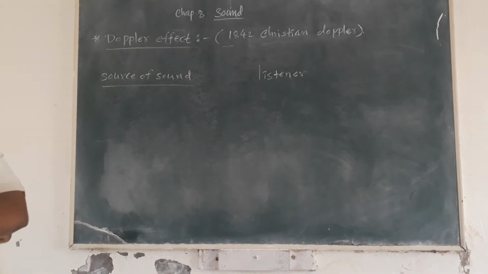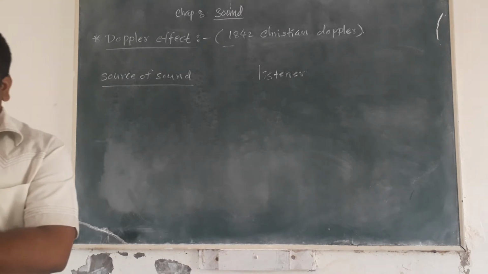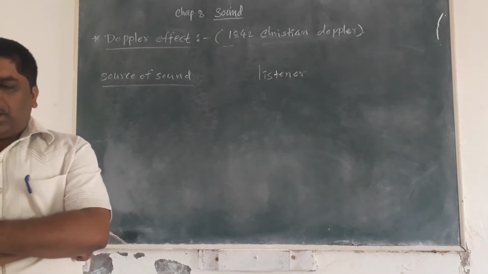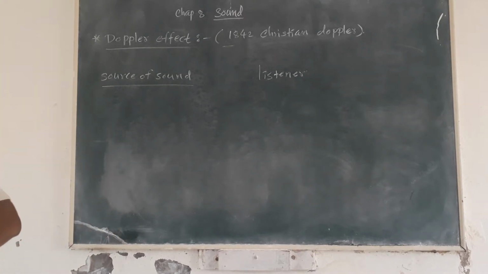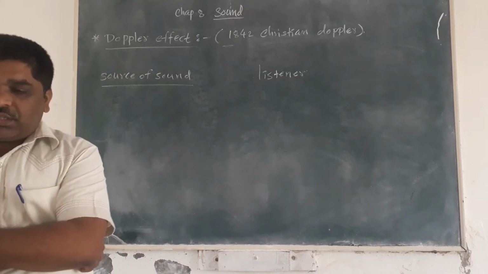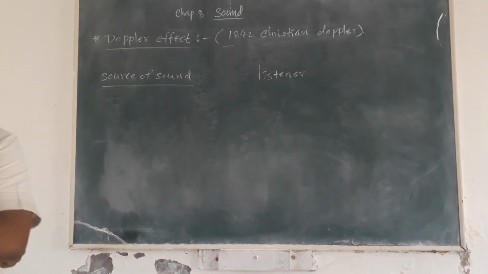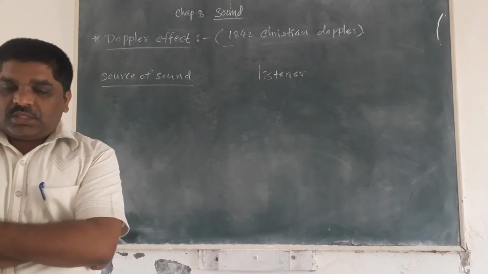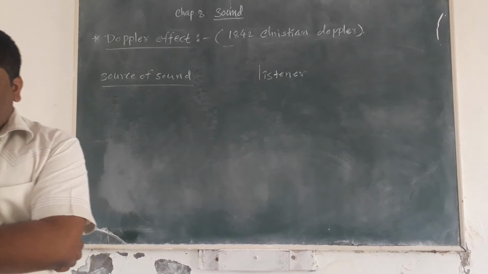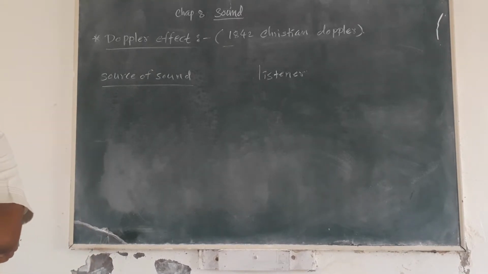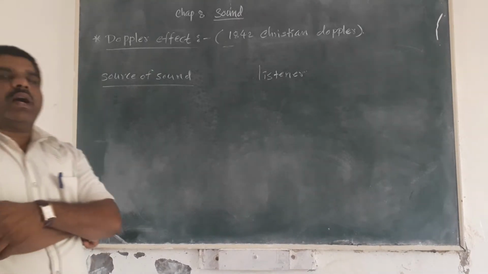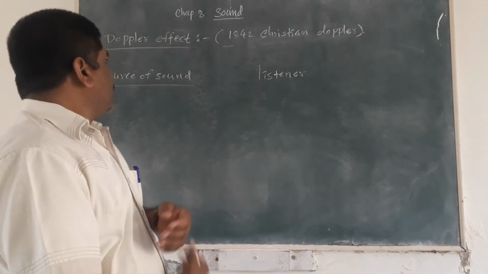If the source of sound and the listener or observer are in motion relative to each other, the frequency of sound heard by the listener is not the same as the frequency emitted by the source.